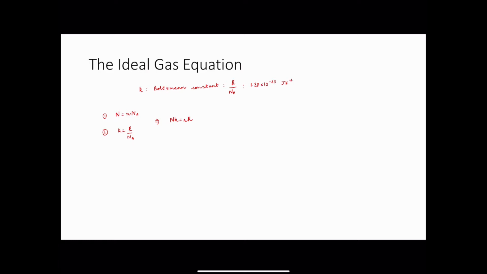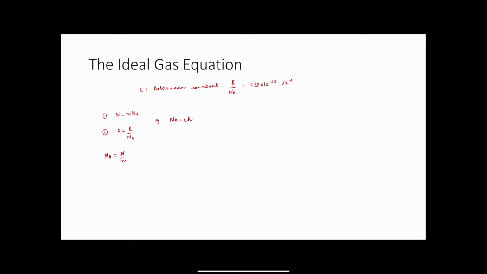If we rearrange equation number 1 to make Avogadro's number the subject, then we can see that NA is equal to N over little n.